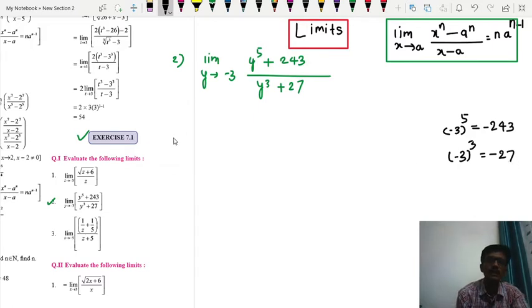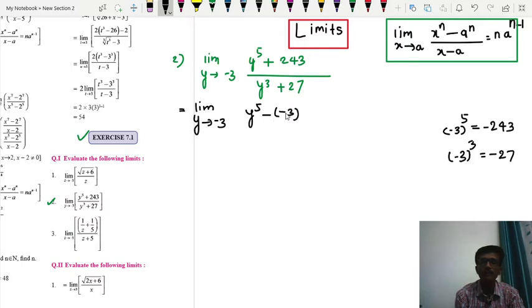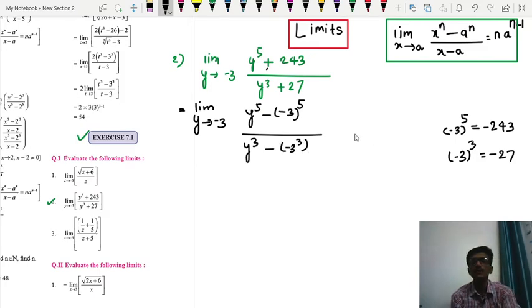So this we can write as limit y tends to minus 3, y to the power 5 minus of 243, so minus of minus will be plus, so it is raised to power 5 plus, upon y raised to power 3 minus 3 cube.